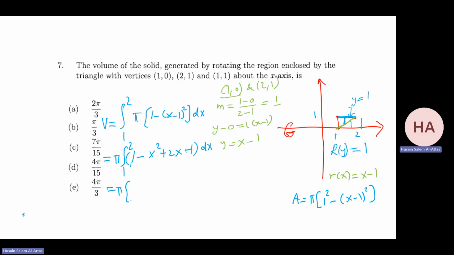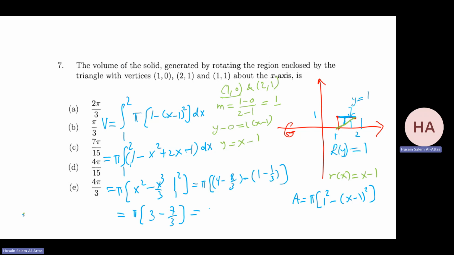I have pi times x squared minus x cubed over 3, from 1 to 2. That gives 4 minus 8 over 3 minus (1 minus 1 over 3). That gives 4 minus 1, that is 3, minus 8 over 3 plus 1 over 3, that's minus 7 over 3. Which is 9 minus 7, 2 pi over 3.